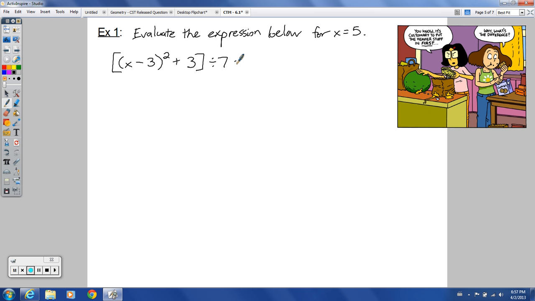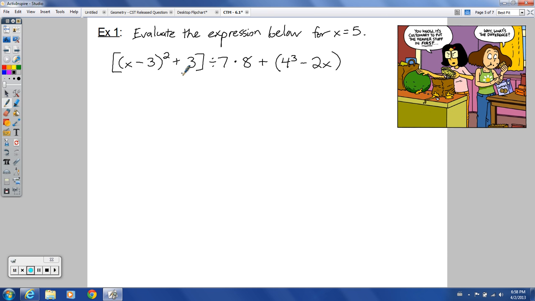This is an expression and not an equation, because there is no equal sign setting two expressions equal to each other. So an equation is different than an expression because there's no equal sign. It's kind of a long one because I want to practice order of operations here and make sure we have that down.